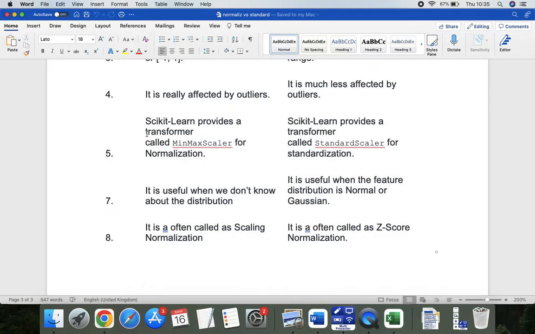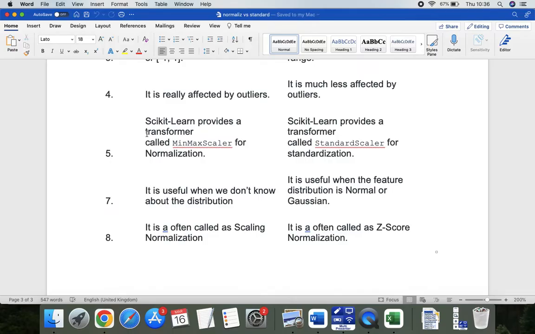Now, the presence of outliers. Because normalization is normally done on the basis of mean, not median, that means it is most affected by the presence of outliers. But in case of standardization, sorry, I said it the other way around.